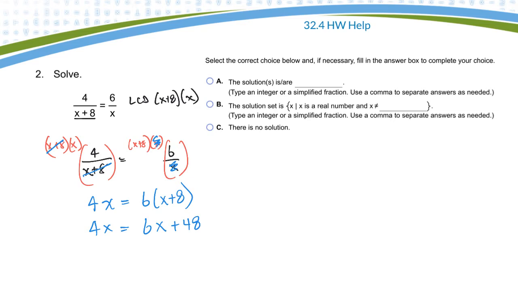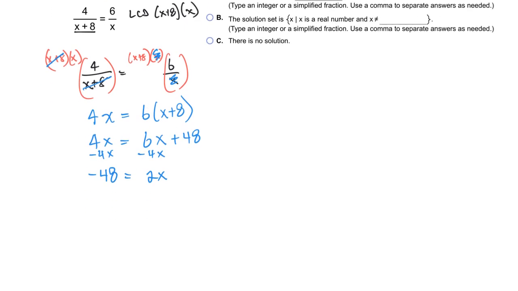Now I'm going to bring this 4x over to the left side, so I'm going to subtract 4x on both sides. I do that just so I get a positive x there, and then I'll subtract 48 on both sides. So I'll wind up with a negative 48 on that side. And now I'll divide both sides by 2, and I'll come up with x as being negative 24.